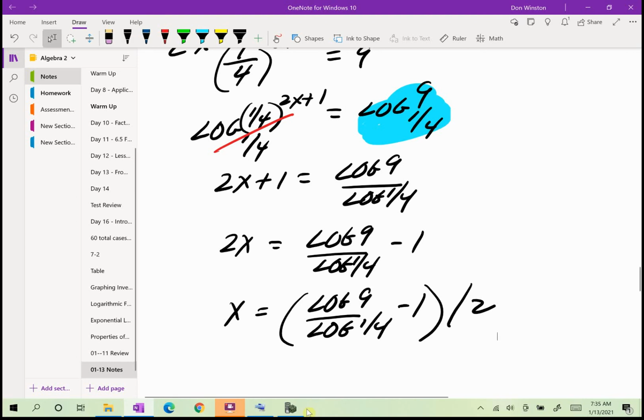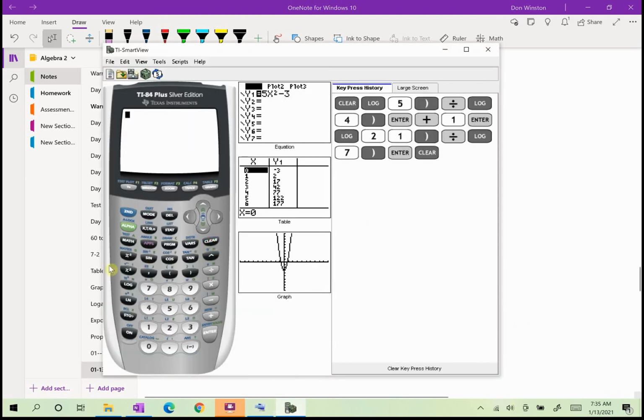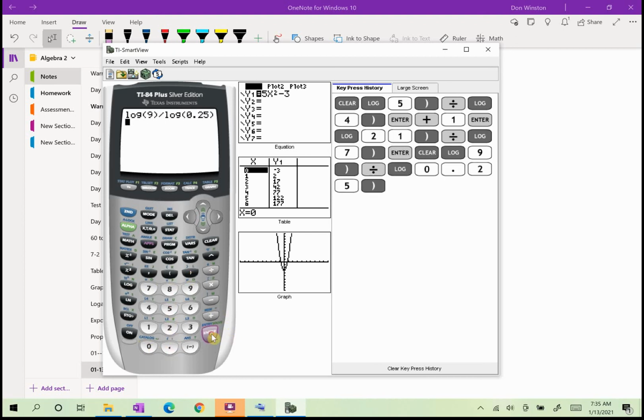So let me do that. Okay, so common log of 9 divided by the common log of 0.25, because that's 1/4. Enter.